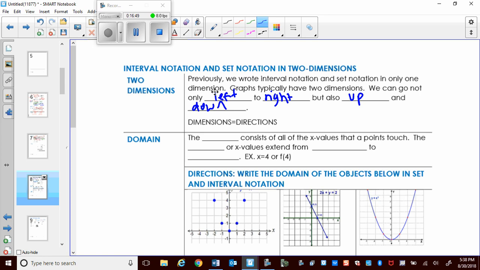The domain consists of all the x values that points touch. The range, oh sorry, not the range. So the domain, or x values, extend from left to right.